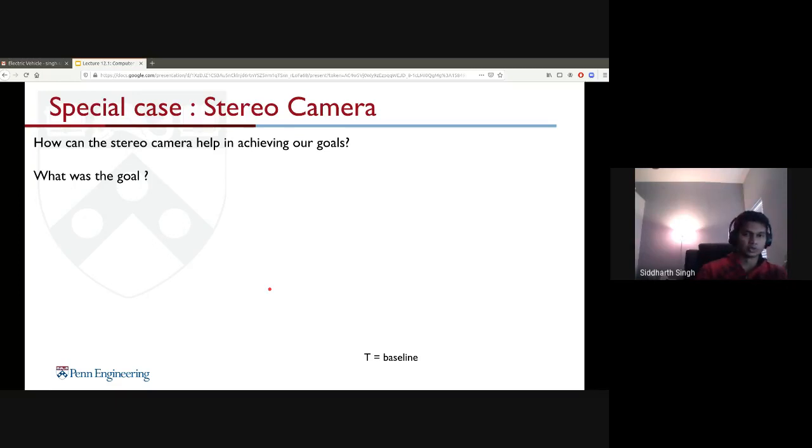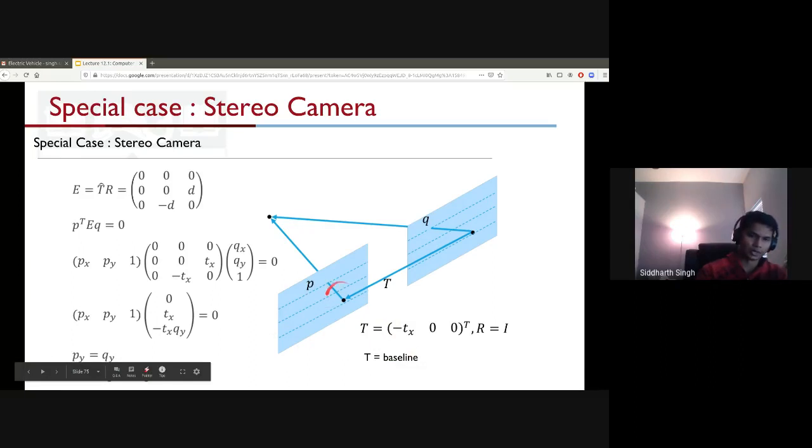The initial goal that we started off with was to find the position of what we are seeing in the world, because in this case what we are finding is P and Q in the image plane. We do not at all have the information about where this point actually is in the camera frame, right? How far it is in terms of depth, which is Z, and in XY coordinates.